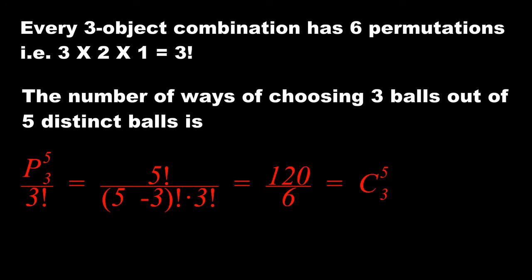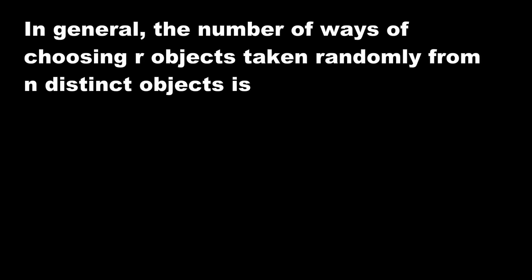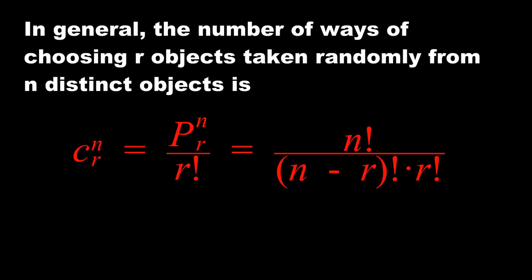We'll see that the number of combinations ignoring the order is 20, only 1/6 of the number of permutations if we consider order. If we directly apply the combination formula, we'll get exactly the same result. To conclude, if we want to find the number of ways of choosing r objects taken randomly from n distinct objects, we use this combination formula.